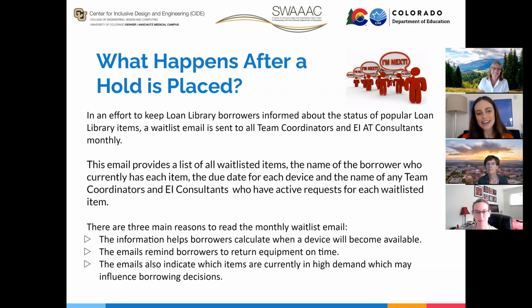Yes, and that's another big part of it. All of the items are very desirable, so it's always making sure you're doing your part to return things on time, and it's on us to make sure that everyone else is returning things on time as well. So those monthly emails will go out. You guys will get those.